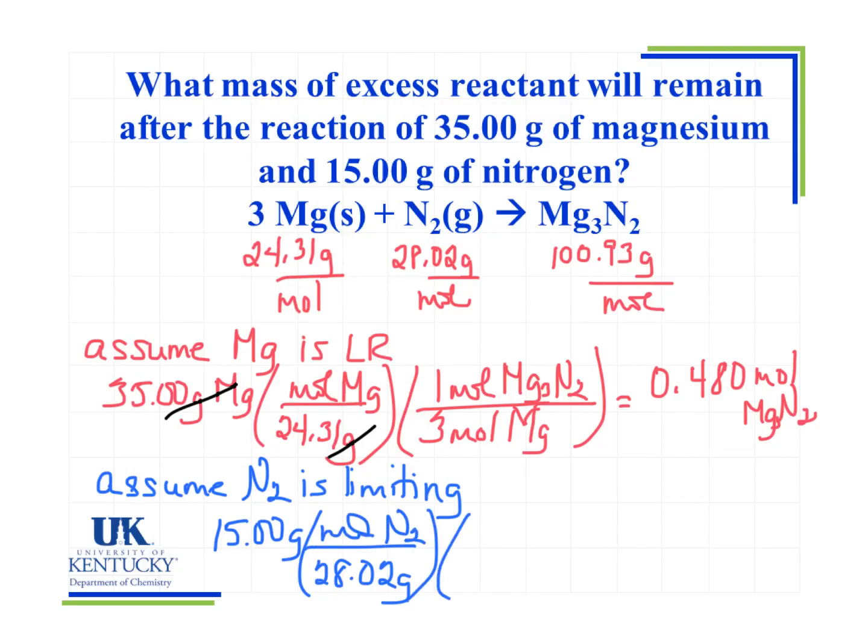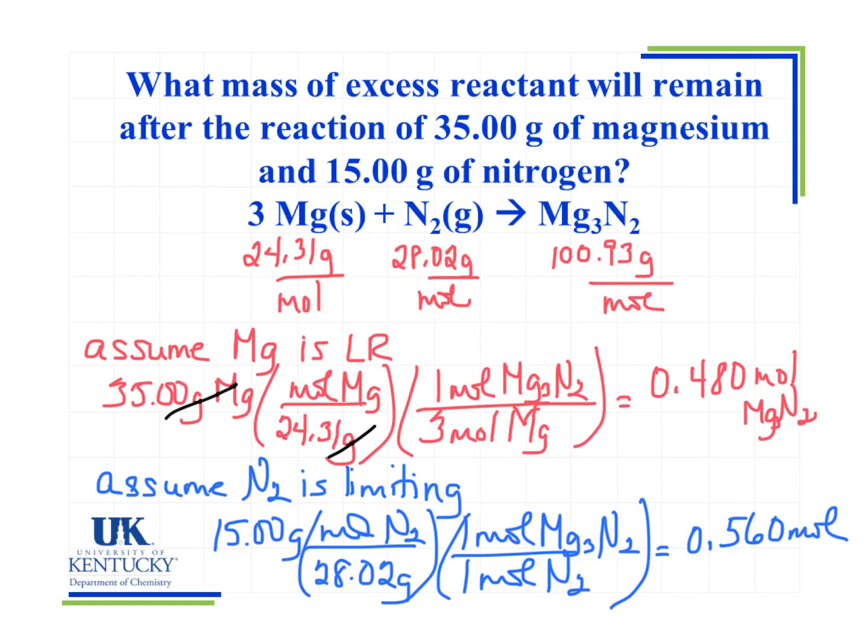I know that for every 1 mole of nitrogen, I produce 1 mole of magnesium nitride. Again, I don't need to convert to grams, because I'm just using this calculation to determine which species is my limiting reagent. So 15 divided by 28.02 gives 0.560 moles of magnesium nitride.